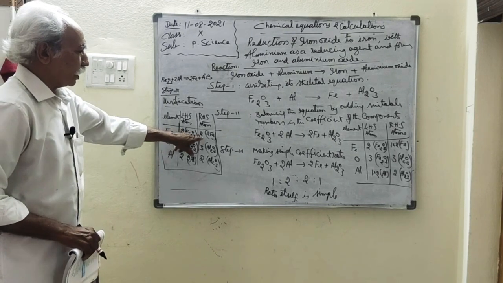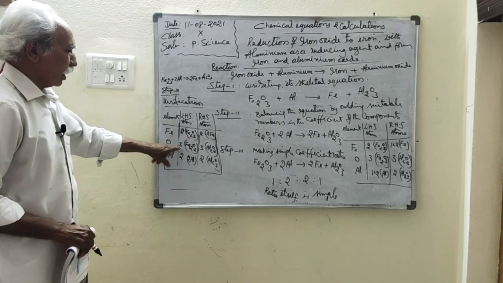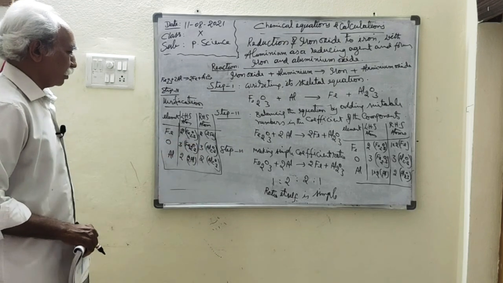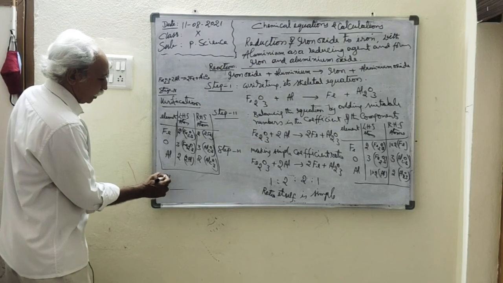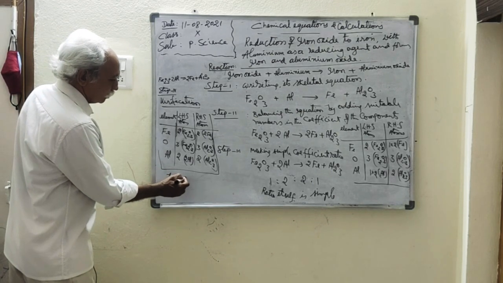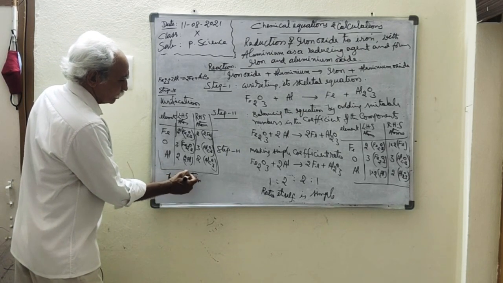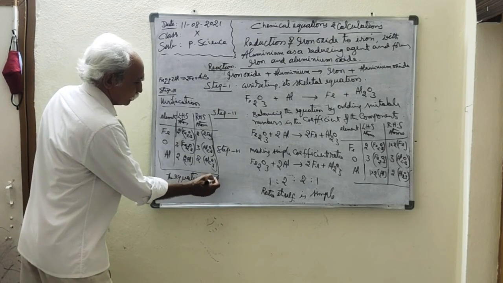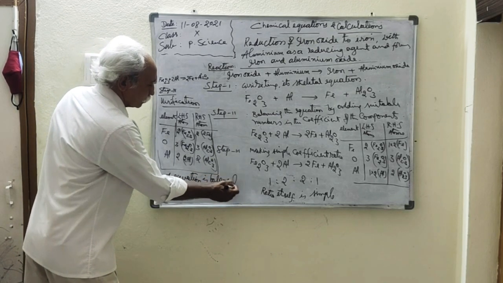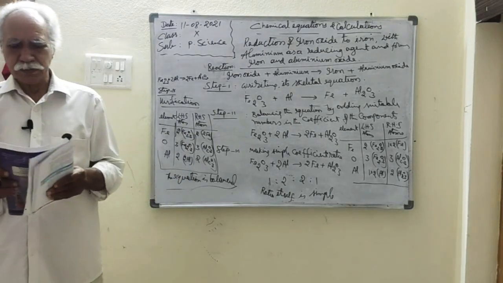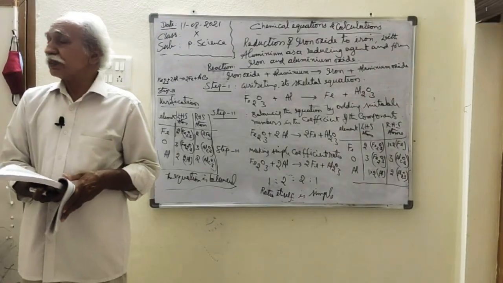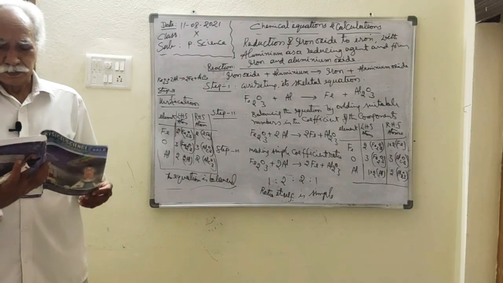Iron 2 atoms on either side, oxygen 3 atoms on reactant and product side, aluminum 2 atoms on reactant and product side. So the equation is balanced.